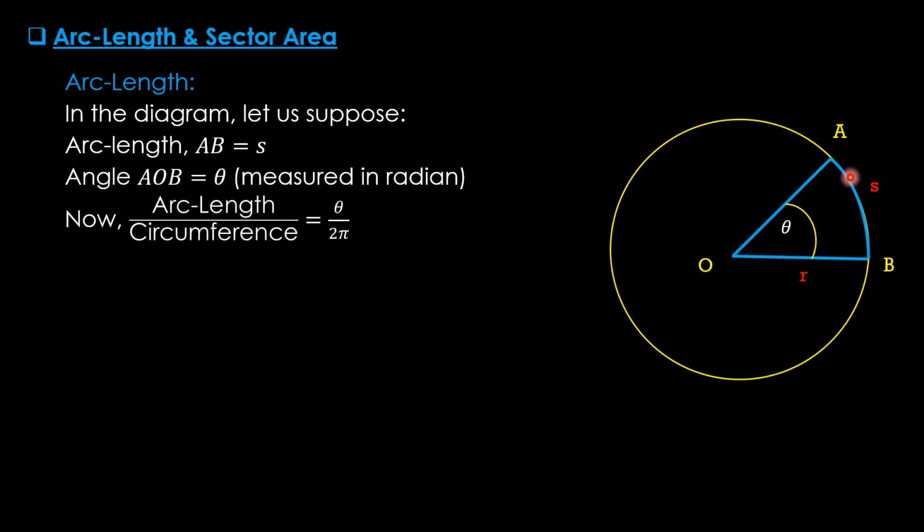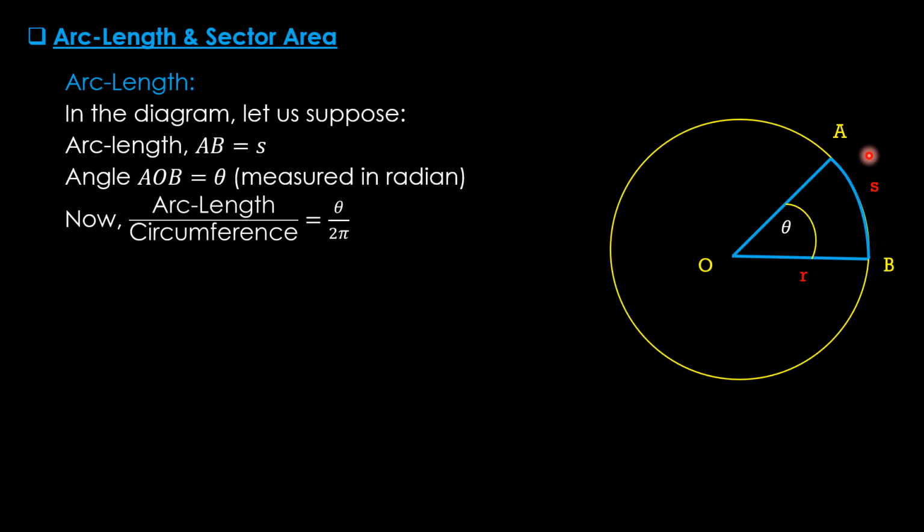Arc length divided by circumference, meaning the entire circular part, we can use the ratio theta over 2 pi, because this arc is making an angle theta here, and the entire circle and entire circumference is making an angle of 2 pi at the center.